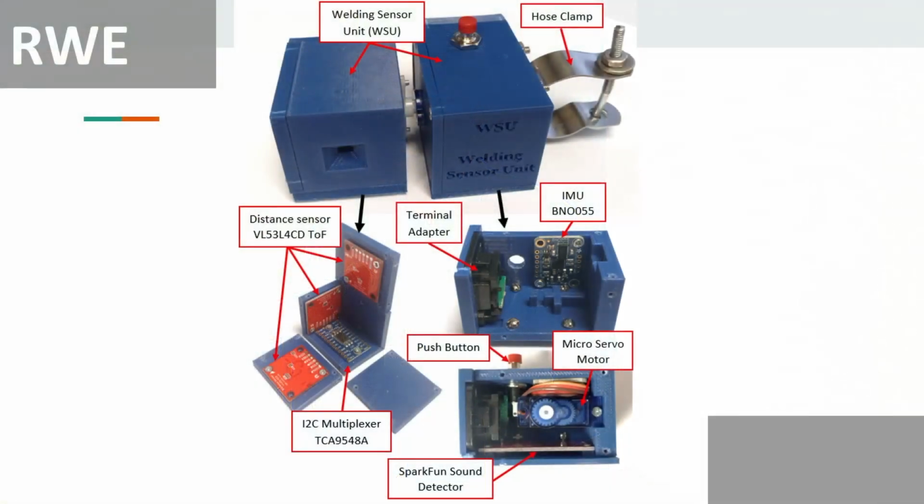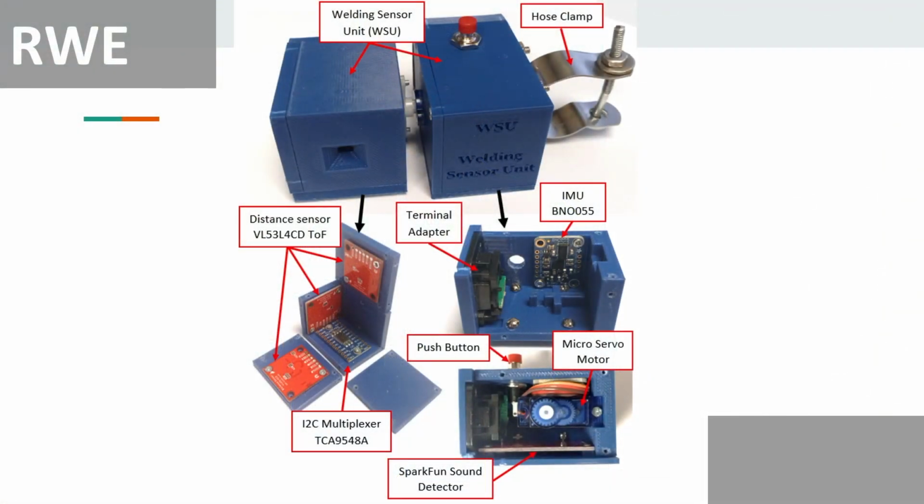The previous explanation was just a simulator, a complementary educational tool in the learning process. In a real welding environment, we need to give feedback to the user as well. So to do that, we developed this welding sensor unit. Inside this welding sensor unit, we have low-cost sensors.